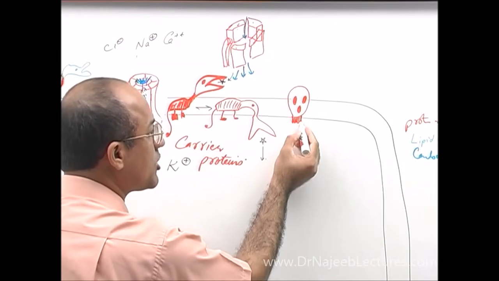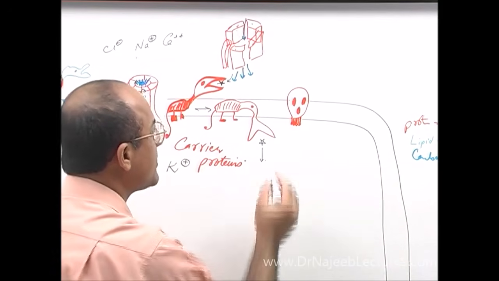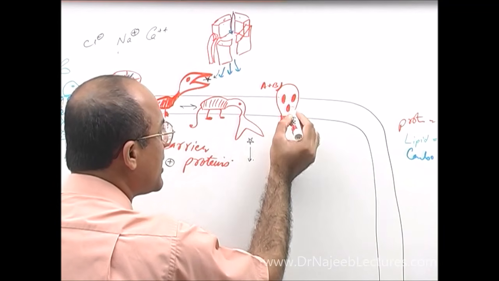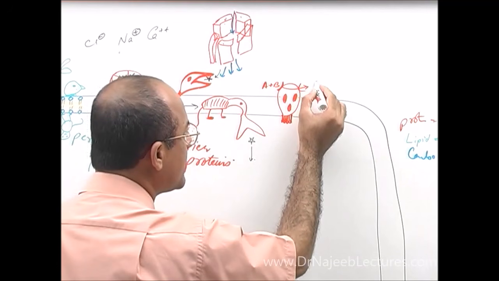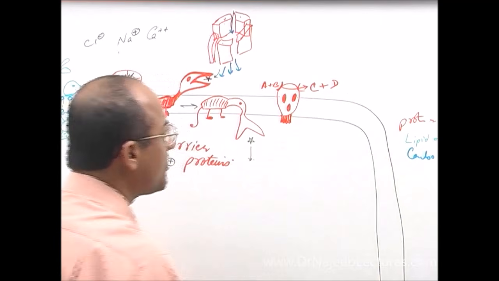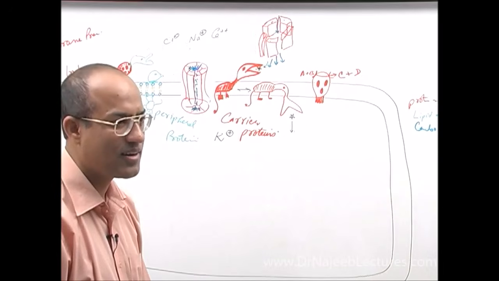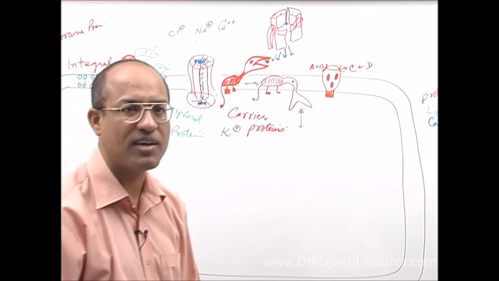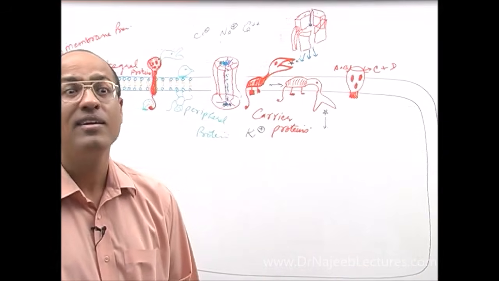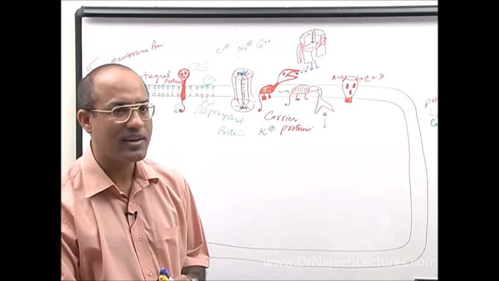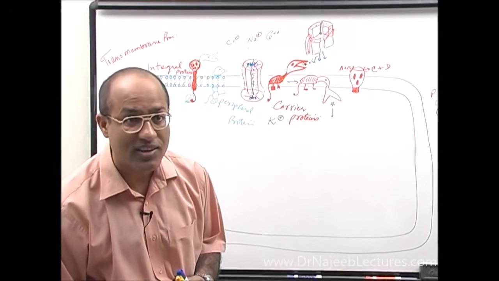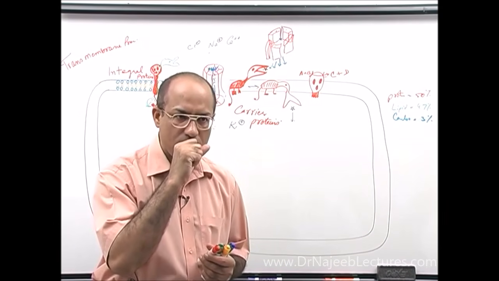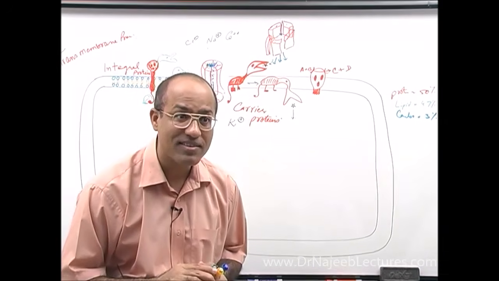And these proteins, even though they are through and through the membrane, they can get a substance, bind substance A plus B with them, and then release them as C plus D. What is this protein? Enzyme. You know, this is the metabolic function of enzyme. They can take one substance and convert it into another substance, or enzymes facilitate a biochemical reaction. So there are some enzymes which are present within the cell membranes, right?